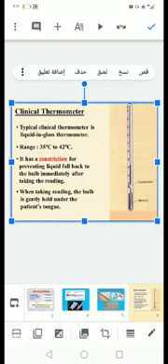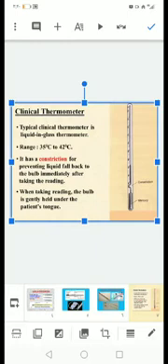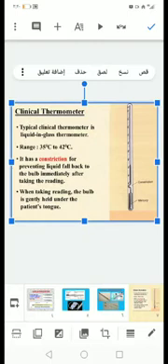For example, when a patient wants to measure his temperature, what happens? He will put the clinical thermometer under his tongue. The mercury, the liquid inside the bulb, will rise up through the narrow tube. Will this mercury return back to the bulb? No. Why?